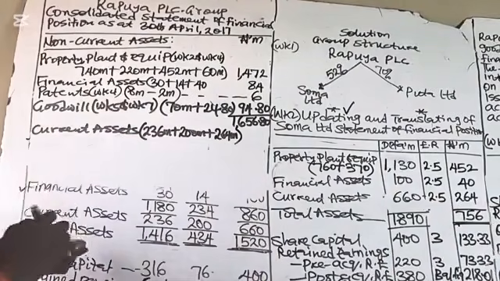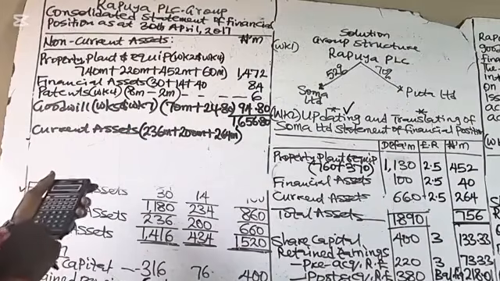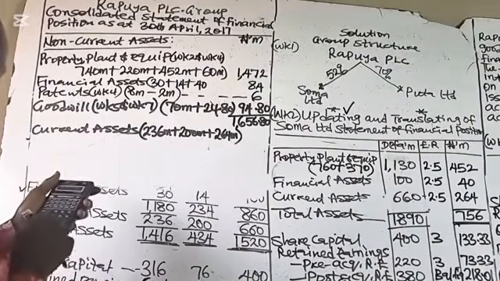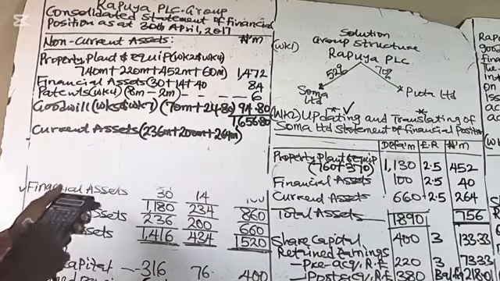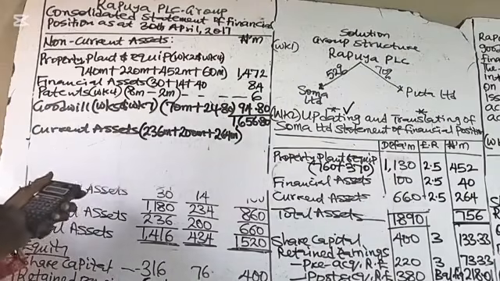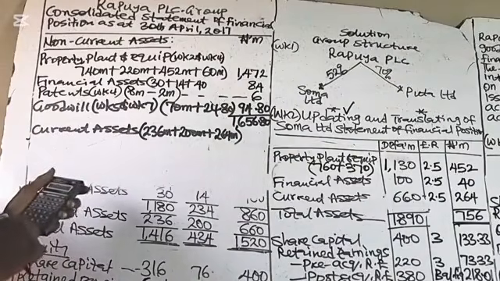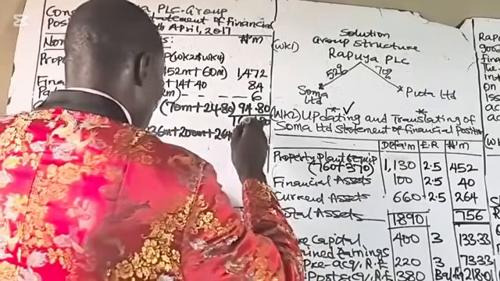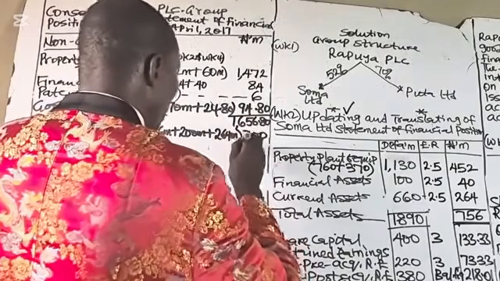So if you now sum up the current assets, we have 236 plus 200 plus 264. So we have 700 million. The current asset total is 700 million.